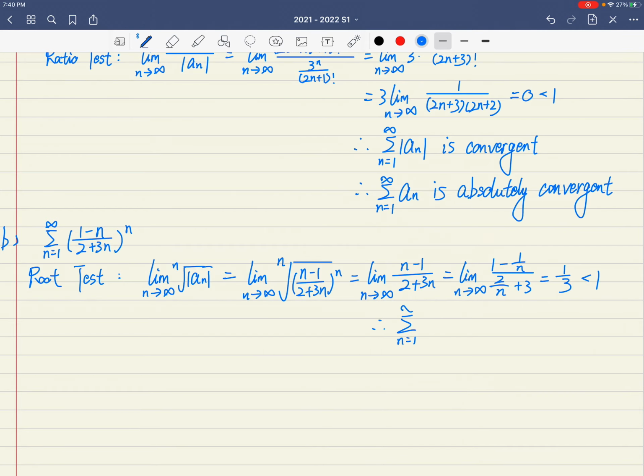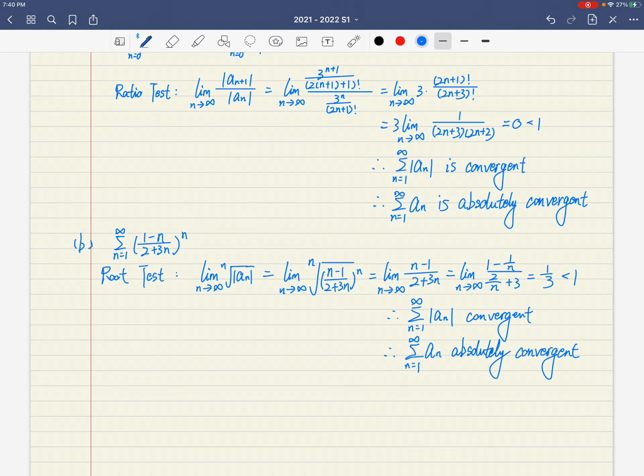So this absolute series is convergent, then the original series is absolutely convergent.